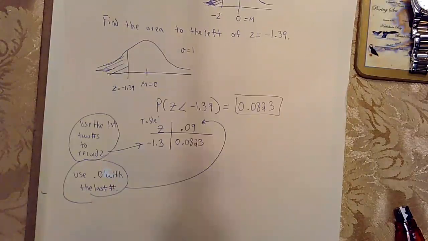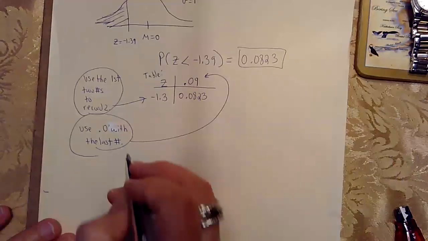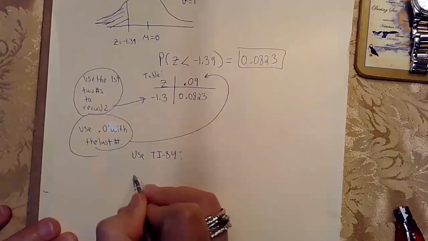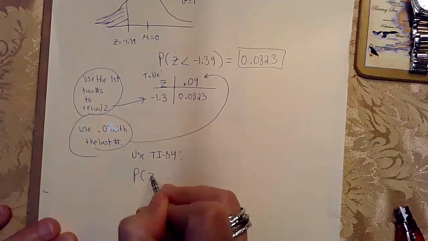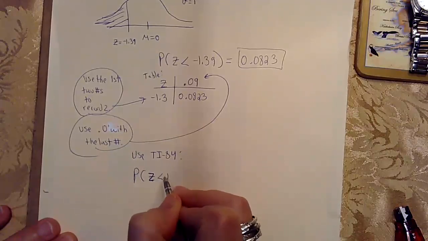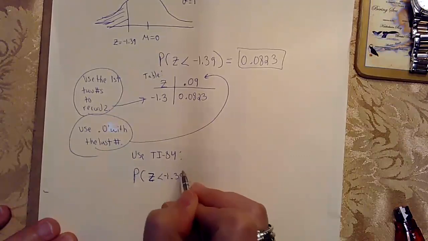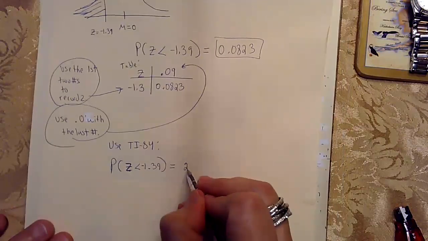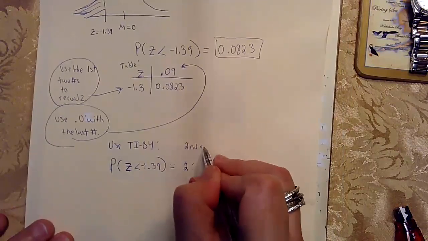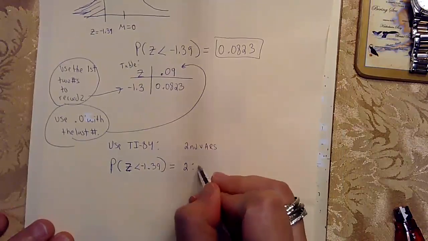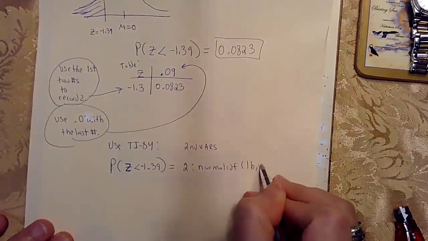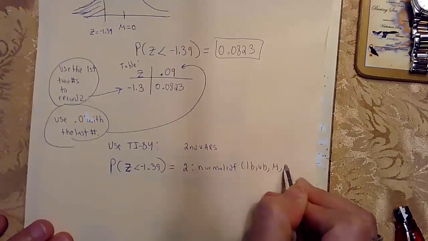Now I'm going to do the same problem, but I'm going to use the TI-84. So you start off still probably Z is less than negative 1.39. And then you want that command, because you're using second vars, normal CDF: lower bound, upper bound, mu, and sigma.